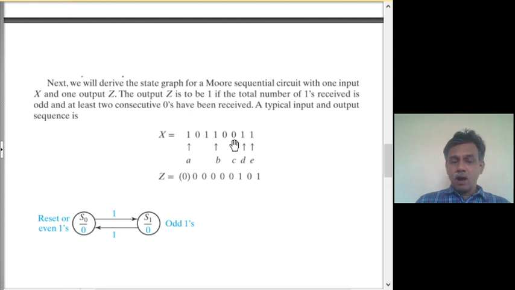Now look at whether the condition has been met at this point. Now what is the count? Based on that you should respond. The count at this point, the moment the condition has occurred, is odd, 3 ones. So at this point you should understand that we should output a 1.